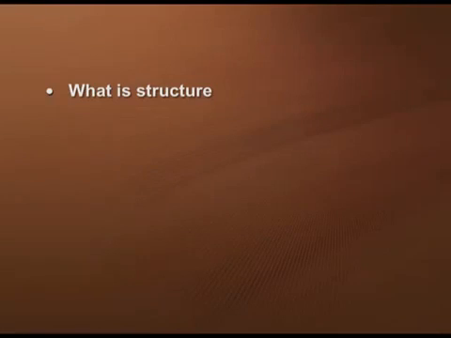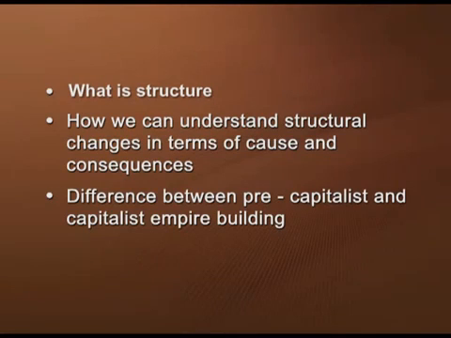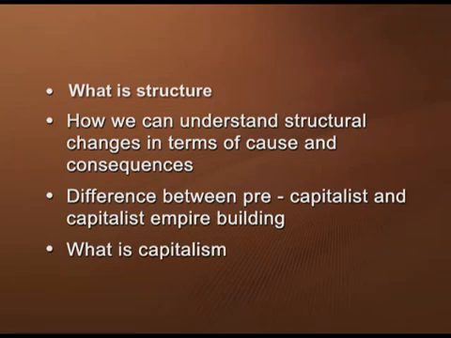To summarize, let us take a quick recap of what we discussed today. We began by discussing what a structure is, and how we can understand structural changes in terms of their causes and consequences. In this context, we discussed the difference between pre-capitalist and capitalist empire building and the associated concept of capitalism.